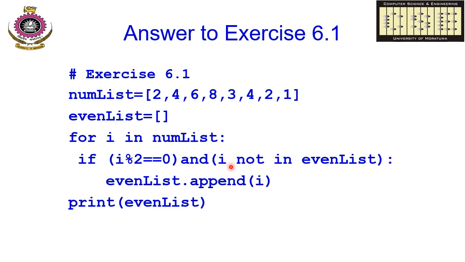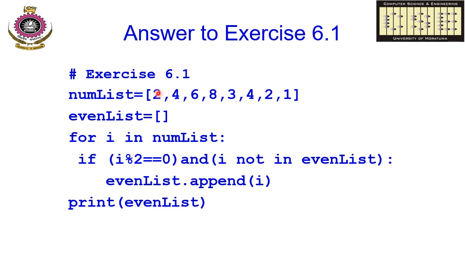Whether i, the value coming from the iteration, is not in even list, because whenever we find an even number, we try to put that into the even list. But if the value is already included in the even list, we don't want to put that. So that's why we check whether i is not in even list. If both these conditions become true, the coming value in the iteration will be appended to the even list.